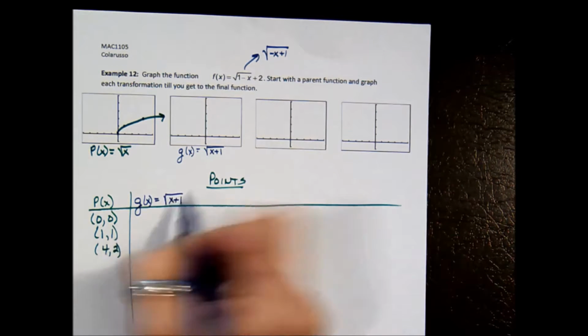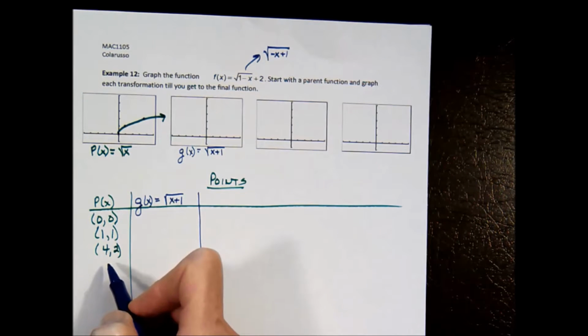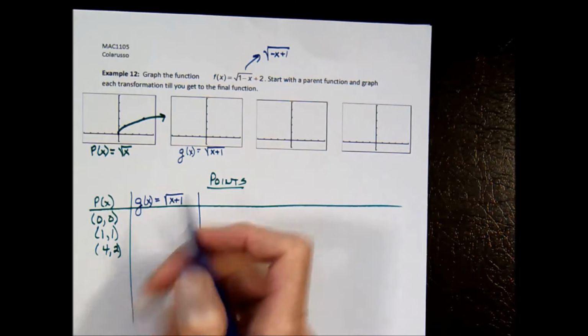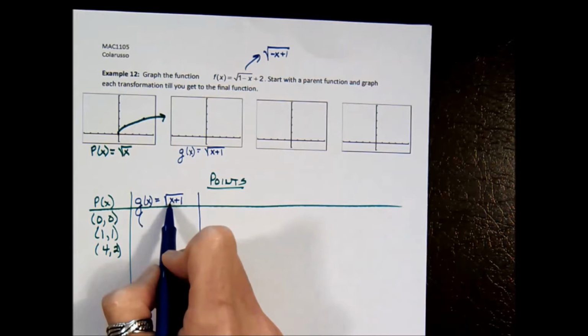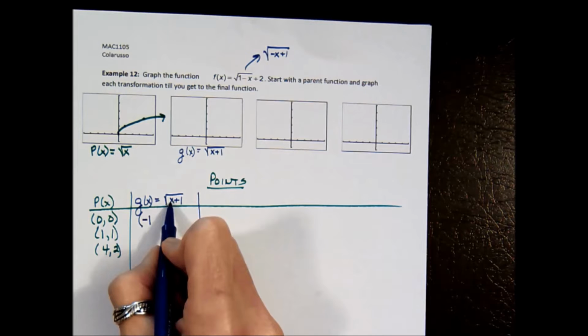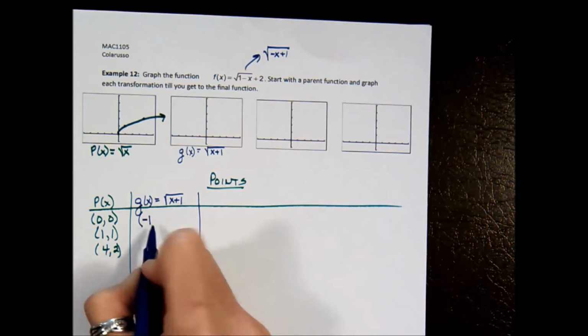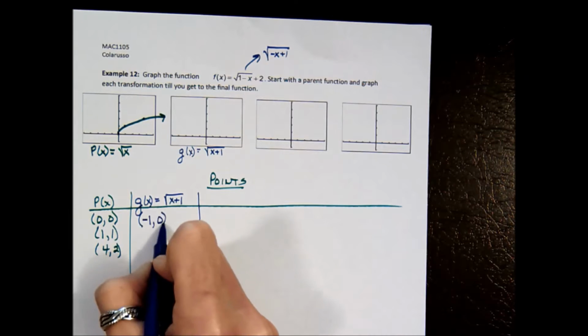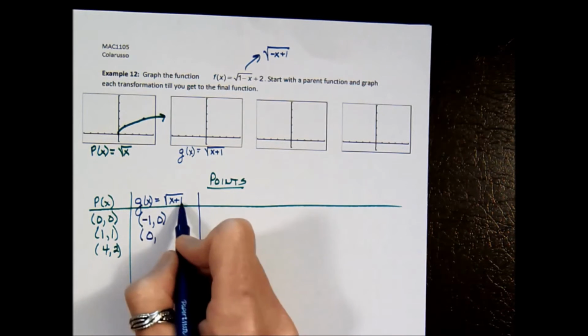Now, let's think about from our original points, what is changing? If I let x be negative 1, then I would have square root of negative 1 plus 1 is 0, and square root of 0 is 0. If x is 0, I have square root of 0 plus 1.